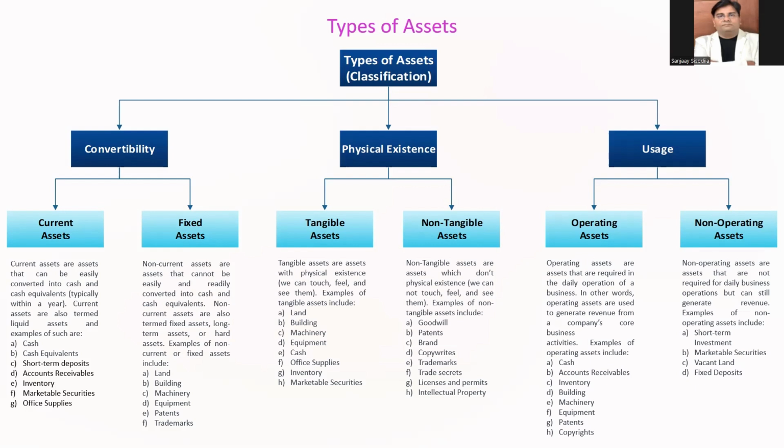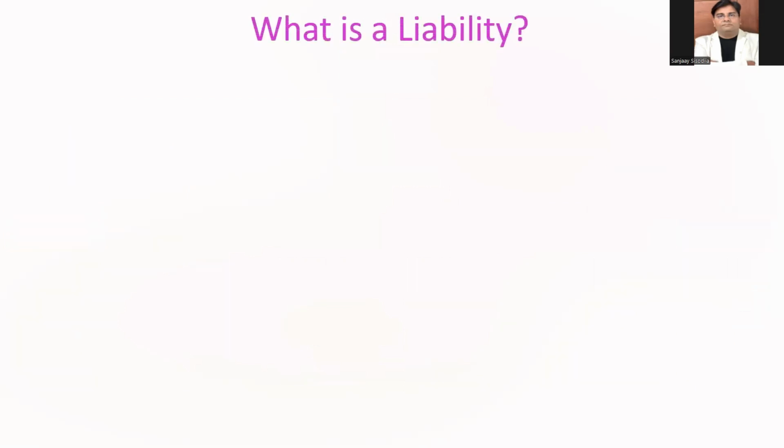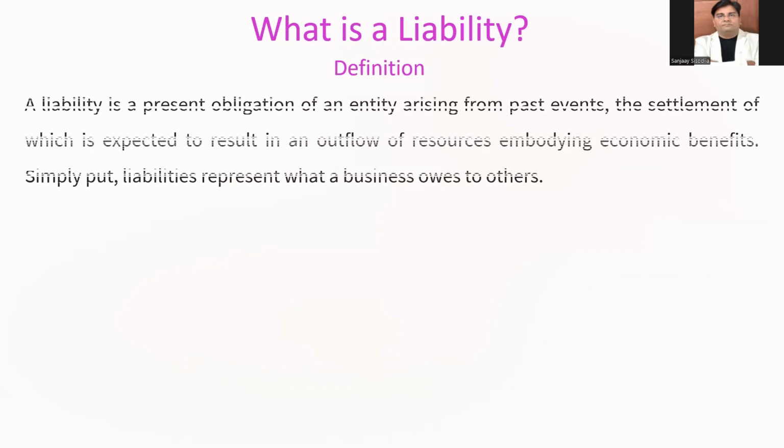So this is the classification of assets. Now we will talk about what is a liability. A liability is a present obligation of an entity arising from past events, the settlement of which is expected to result in outflow of resources, embodying economic benefits.